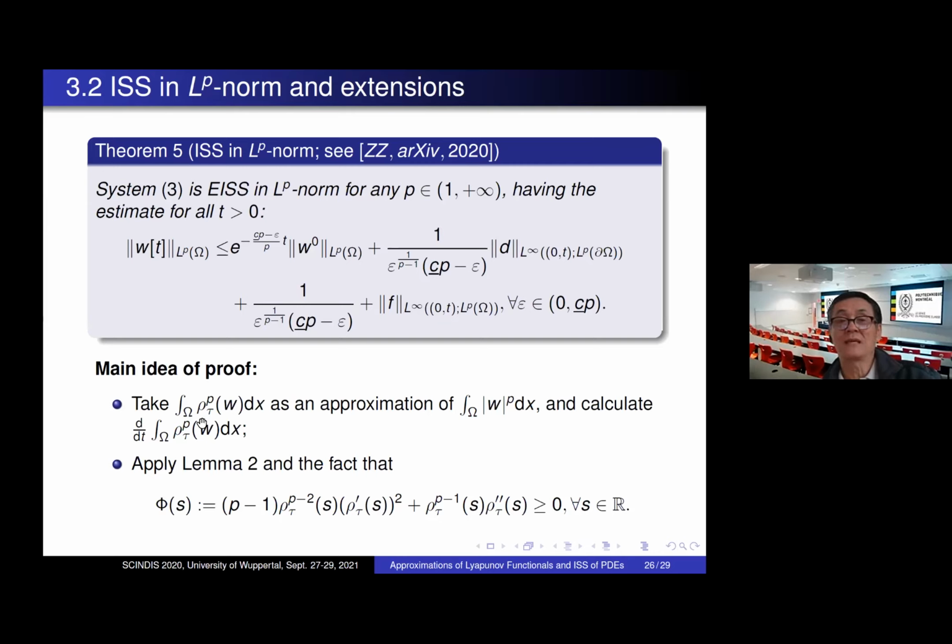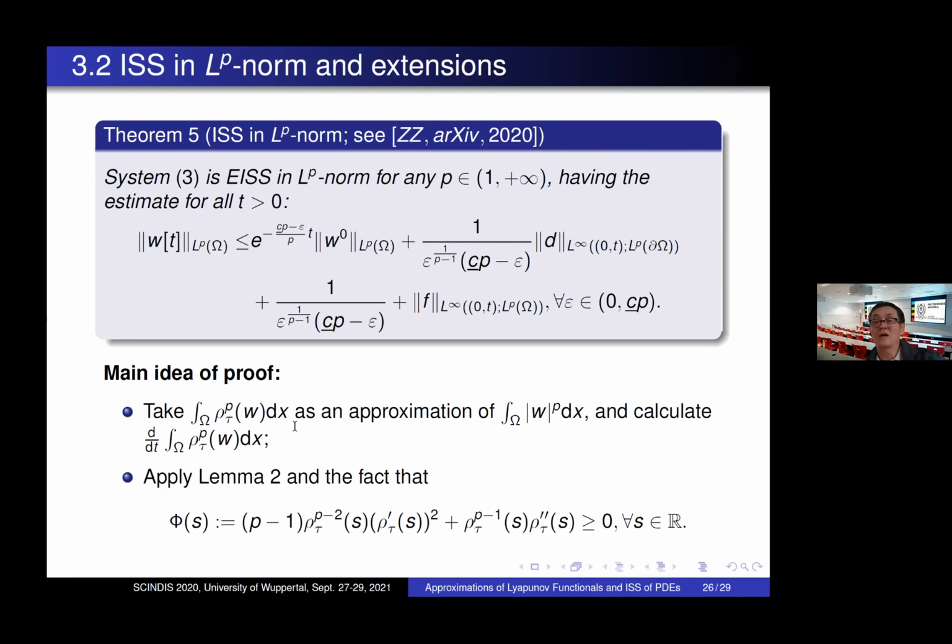We start by taking the integral of rho to the power p as an approximation of the L^p norm of the solution, and then we compute its time derivative and use a procedure to establish the ISS argument. During the computation, we will use Lemma 2 about all the properties of this function rho tau.